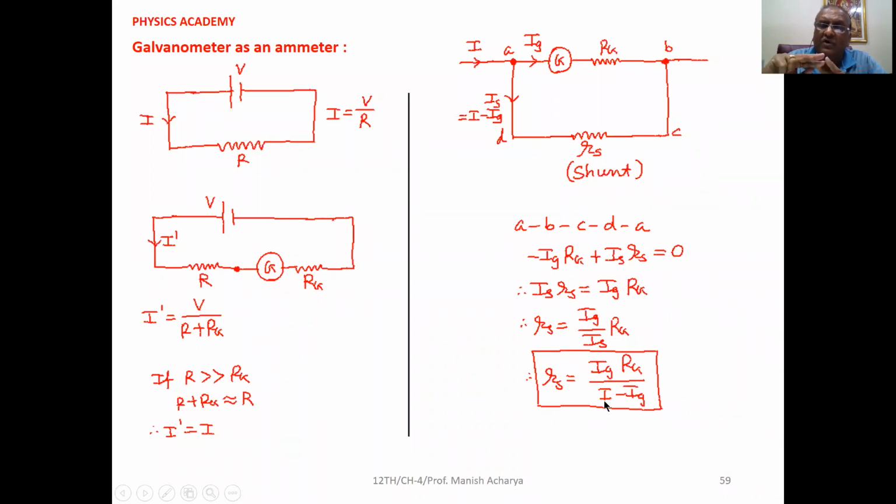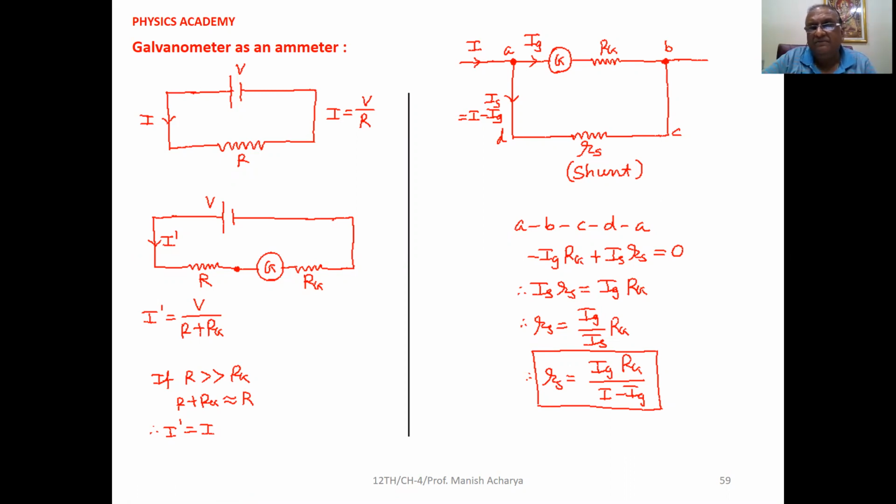Now you want to convert this galvanometer into an ammeter which can measure 10 ampere current. So I is 10 ampere, Ig is 10 raised to minus 3. Solve this equation, calculate Rs.